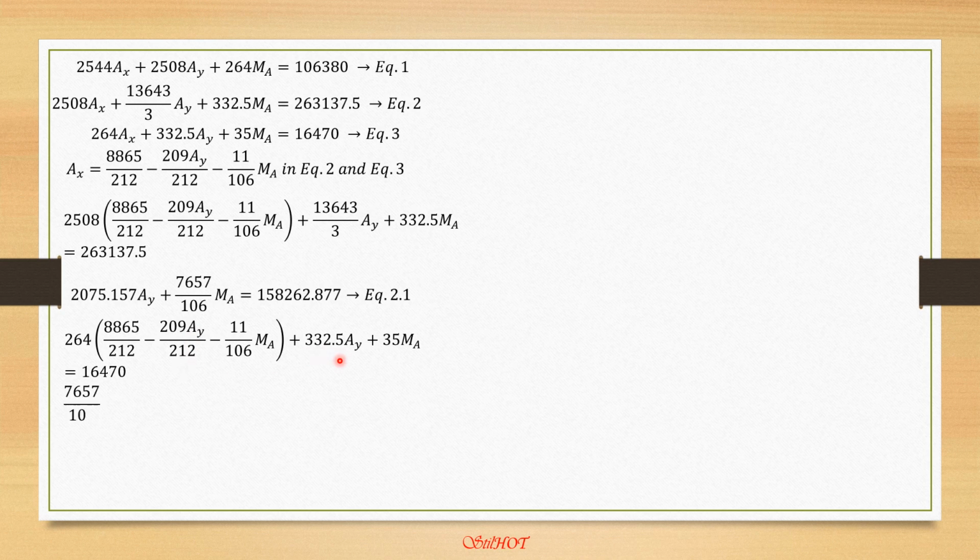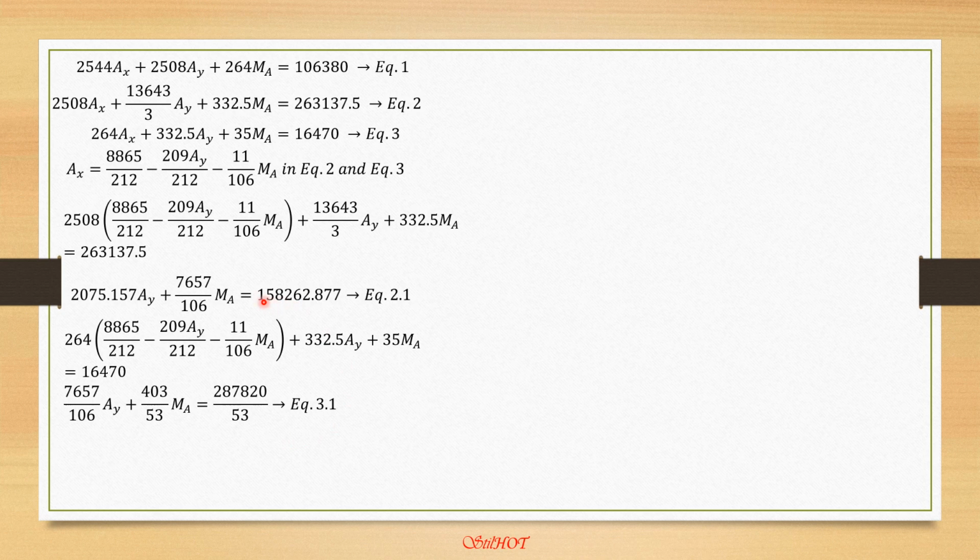That would be 7657 over 106 AY. Then 264 times negative 11 over 106 MA plus 35 MA would be 403 over 53 MA. Check it with your calculator. Then for the constant, 16,470 minus 264 times 8865 over 212, that would be 287,820 over 53.